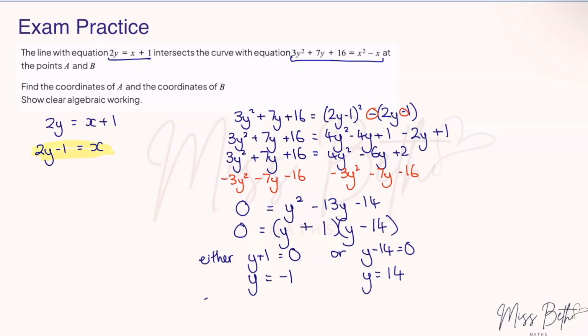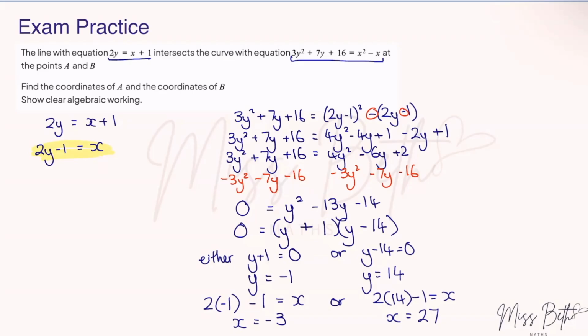So we would have 2 lots of negative 1 minus 1 equals x. So x would be equal to negative 3. Or we have 2 lots of 14 minus 1 equals x. So x would be equal to 27. The only thing about this one is you need to write out the coordinates.